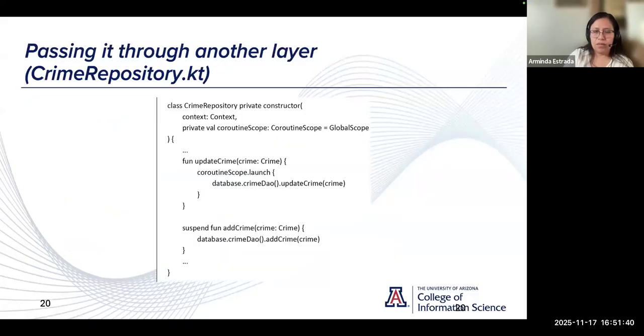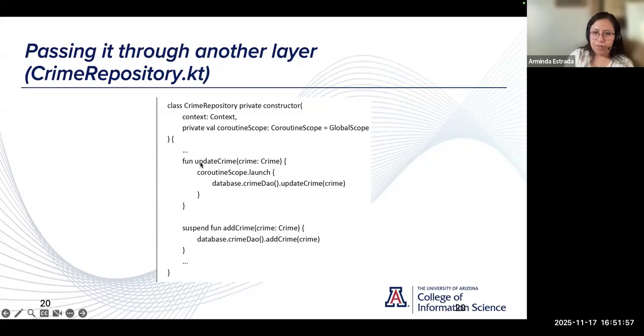All right, so then we have to also pass it through another layer, and that's the repository layer. And so in here we have our class, right, repository here, private constructor. So this we have from previous code.